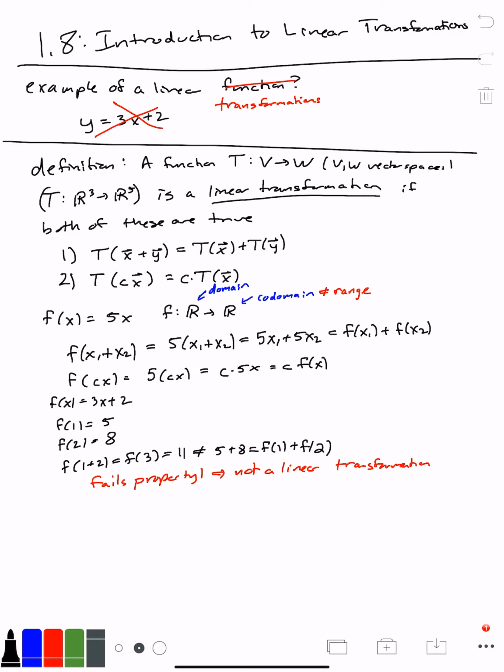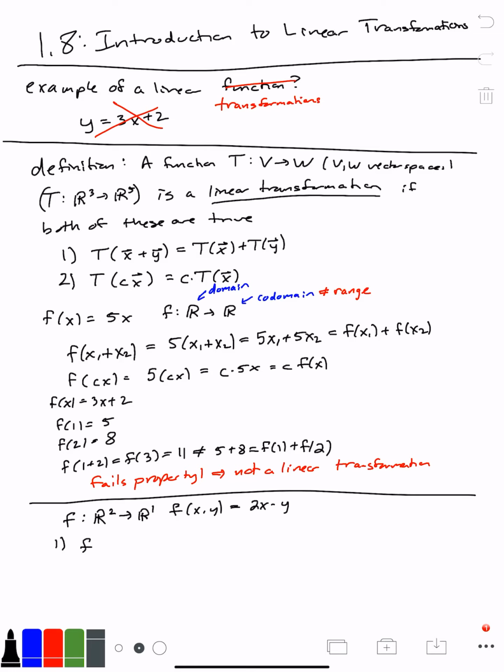Now, why don't we do another example that's maybe a little bit more interesting. Let's do a function which takes in an R2 vector and spits out an R1 vector. This function is going to take an input x, y, and I'll give myself 2x minus y as my function. Let's see what happens under property 1 if I'm adding two different vectors, x1, y1 plus x2, y2.